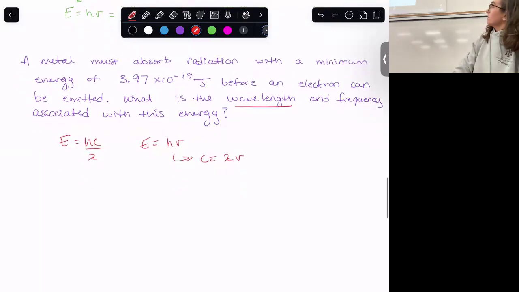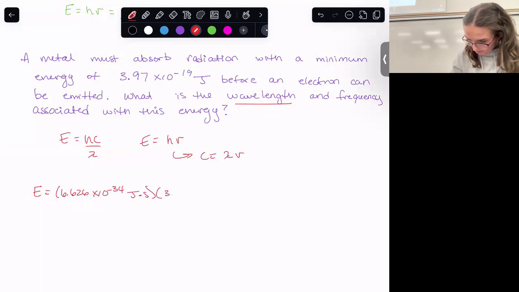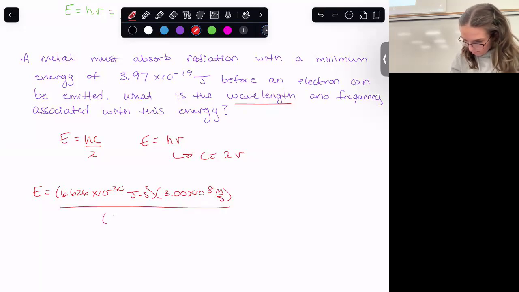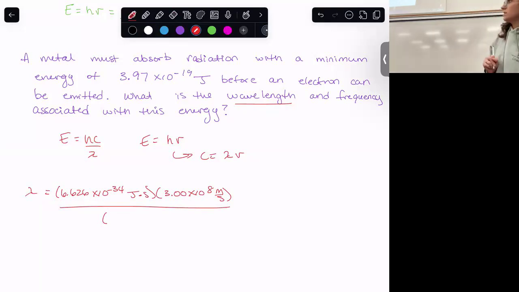So if we were to solve for wavelength first, we don't know wavelength, so we rearrange the equation so that energy is underneath.